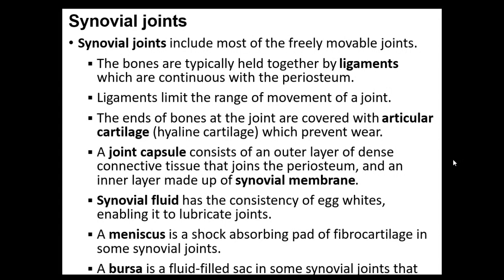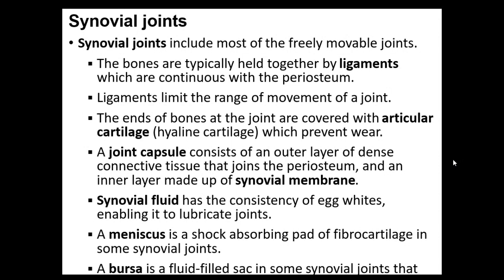The periosteum is just continuous with the ligaments, which are like ropes made of that same connective tissue. And the ligaments just continue on onto the next bone, and then they continue as periosteum on the other bones. So the periosteum and the ligaments are just continuous.